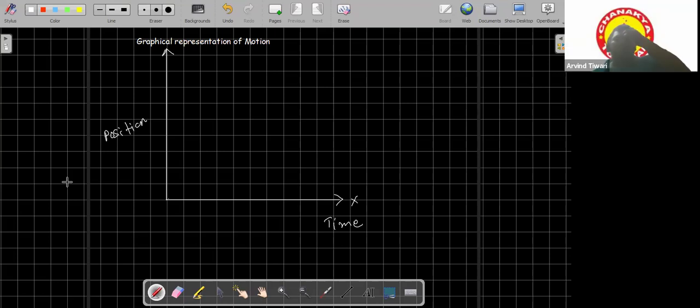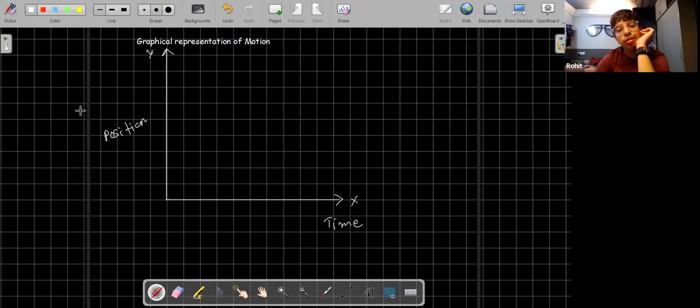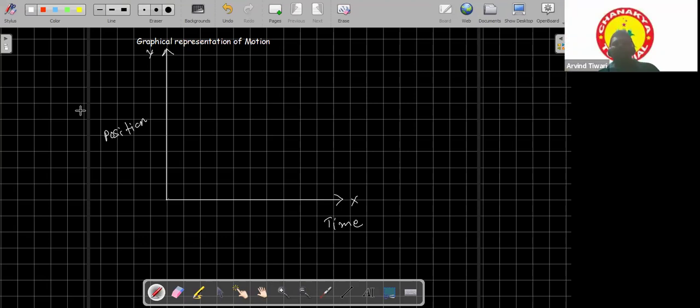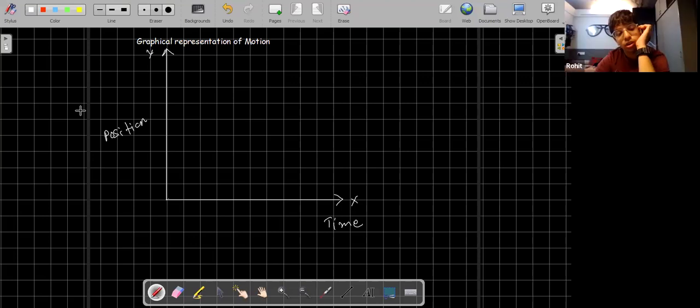Yeah, on this y-axis we can take position, displacement, distance, speed, and velocity also. Whatever we are observing, for example, if you are observing the change of position with time, we take position on y and time on x. Okay, sir. So just two variables.